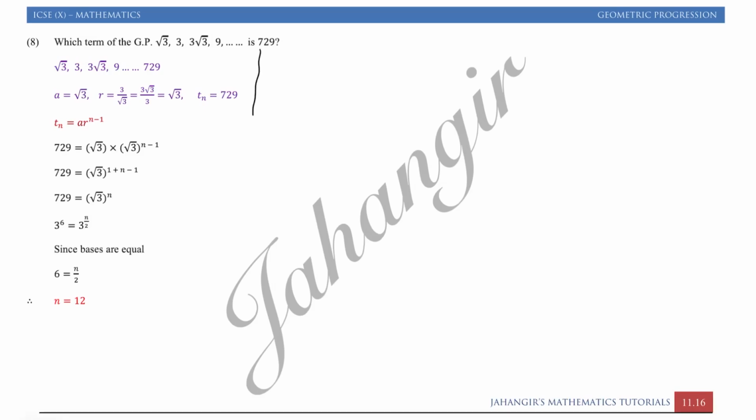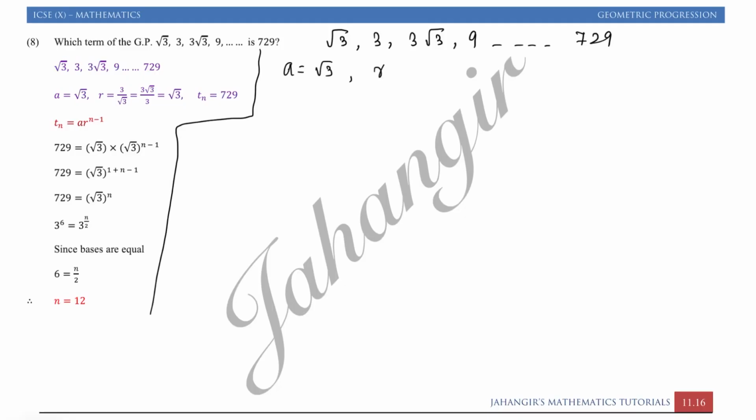Question number 8. Which term of the sequence root 3, 3, 3 root 3, 9 is 729? Which term will become 729? So here also I will take the first term as root 3. Common ratio is 3 upon root 3. For this you can rationalize.